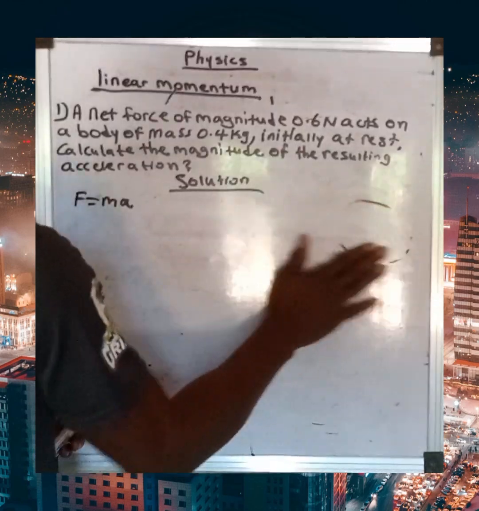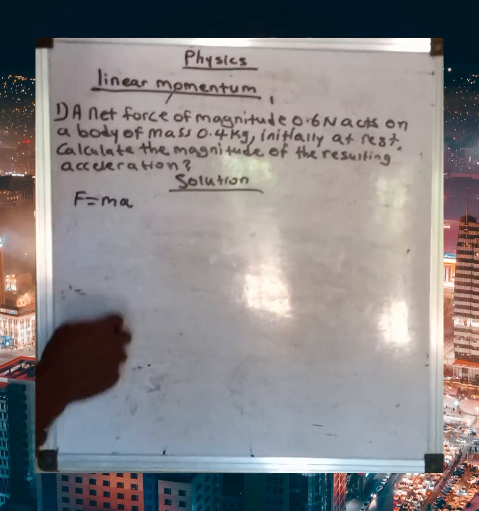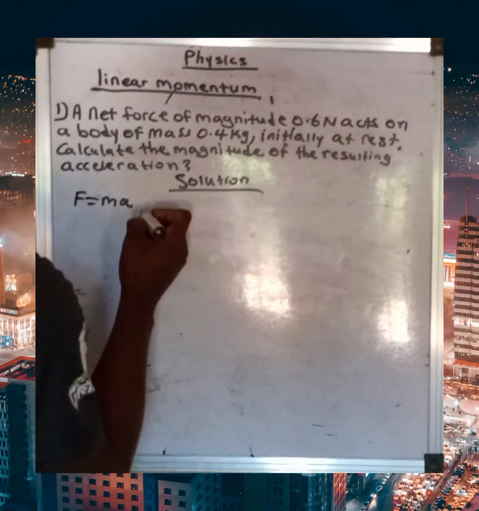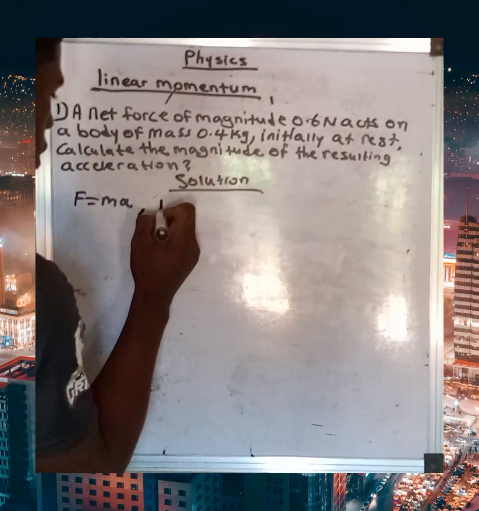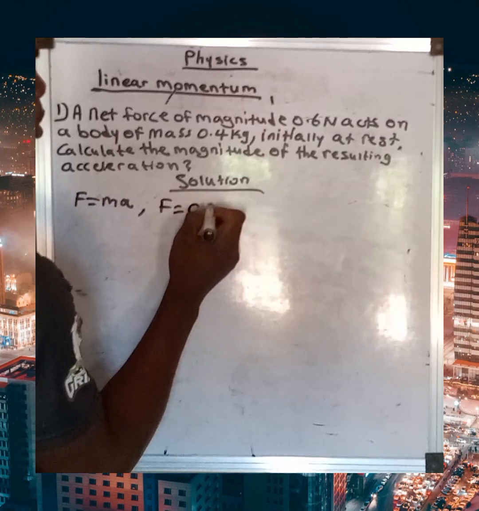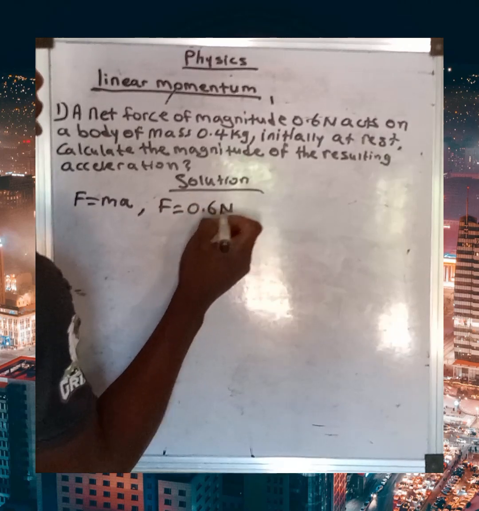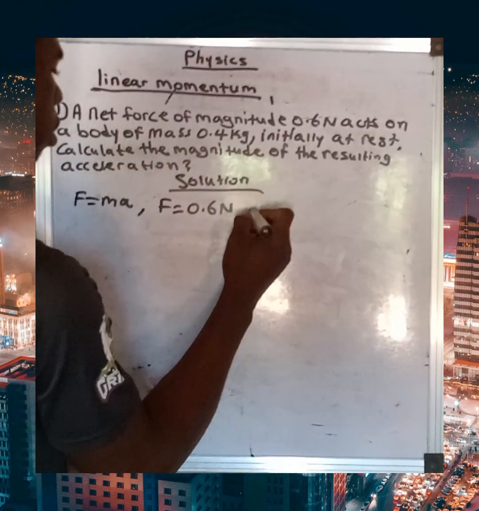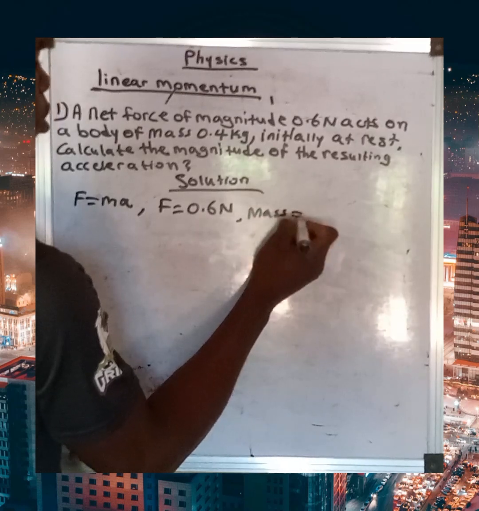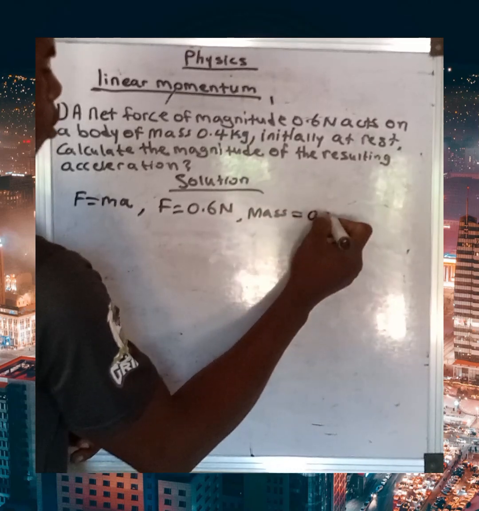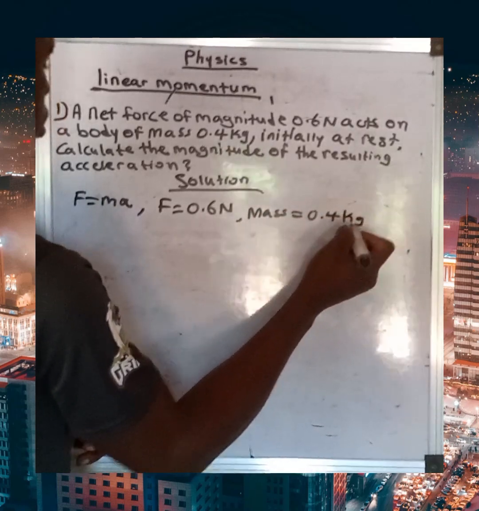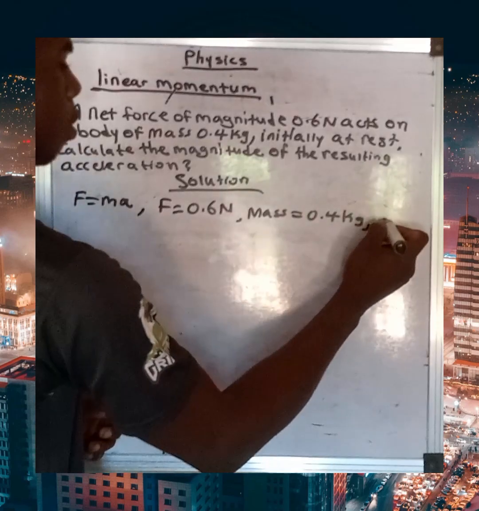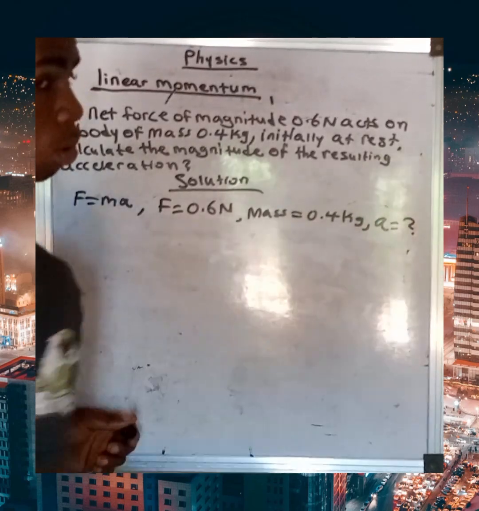So we'll be making use of F equals mass times acceleration. We are given force to be 0.6 Newton, and we are given mass to be 0.4 kilogram. We are asked to calculate the acceleration, which is unknown.